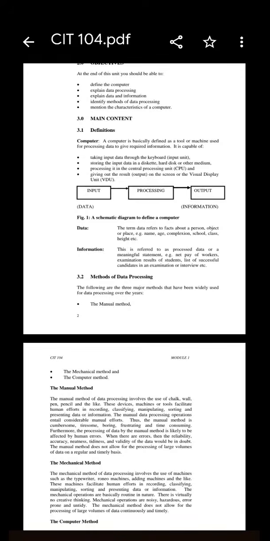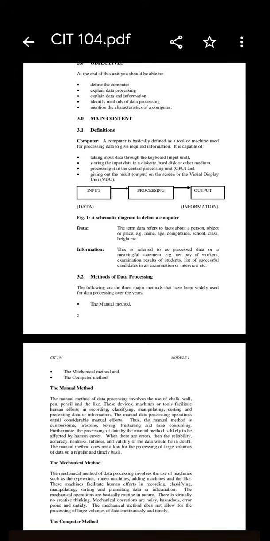That's not information yet. So the material that defines a fact about a person or a place, for example name, age, school, or class, is called data. I hope you understand me now.